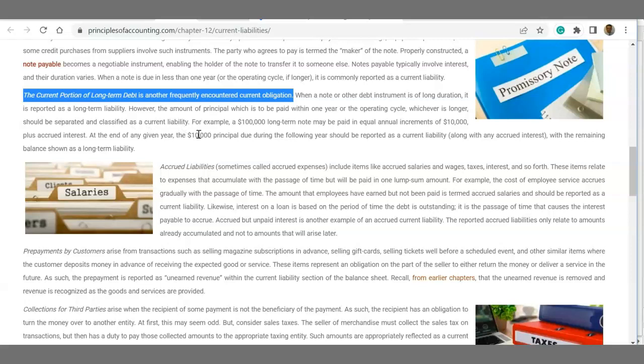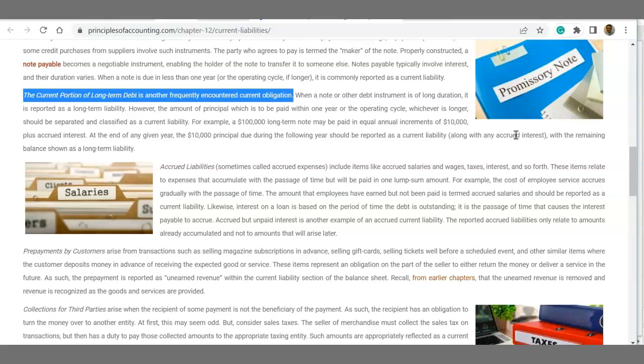For example, we have a $100,000 long-term note, maybe paid in equal annual increments of $10,000, let's say. So every year you need to pay $10,000, plus the accrued interest. At the end of any given year, the $10,000 principal due during the following year should be reported as a current liability, along with accrued interest, with the remaining balance shown as long-term liabilities.